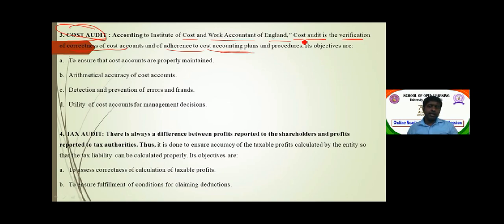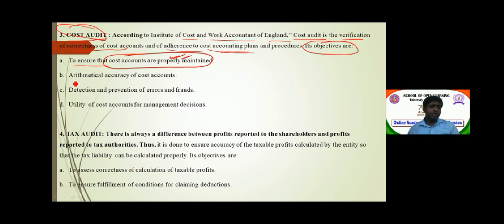So why has it been done, what is the objective behind this, let's get to know about it. In order to ensure that cost accounts are properly maintained, we conduct this cost audit. So the cost audit coverage, scope or objective has always been to ensure cost accounts are properly maintained.